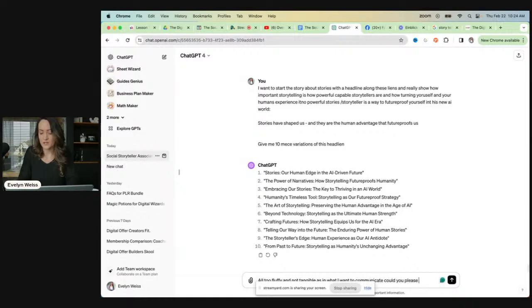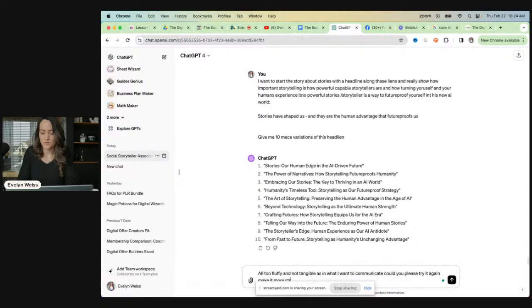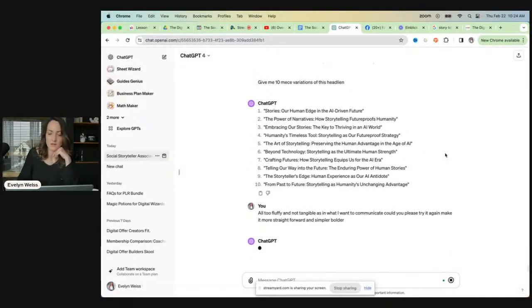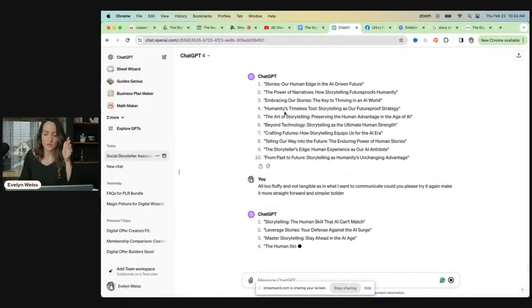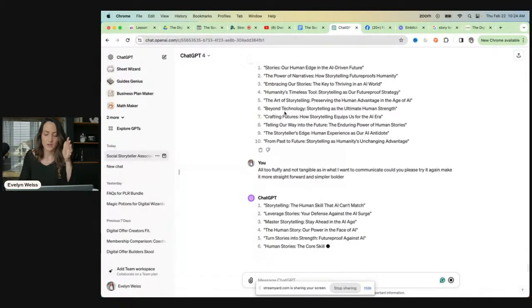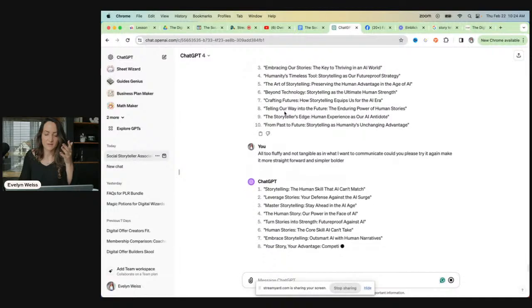Could you please try it again? Make it more straightforward and simpler, bolder. I think that's also something when you work with ChatGPT. If you're not immediately able to capture what it tries to say, it's too complex.